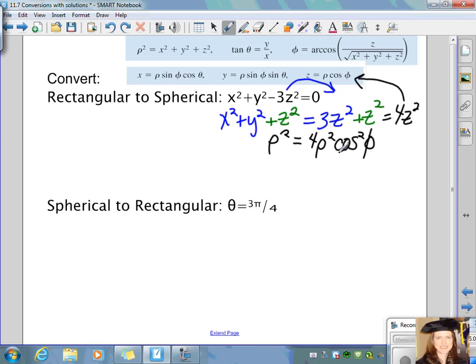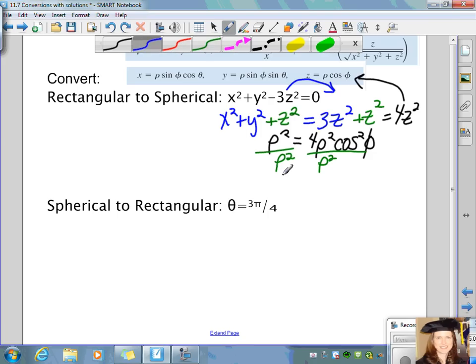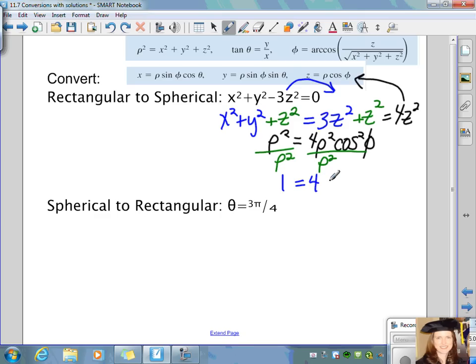I'm going to continue to simplify this equation by dividing both sides by rho squared. If you divide by rho squared to make it simpler, we end up with the equation 1 equals 4 cosine squared phi.